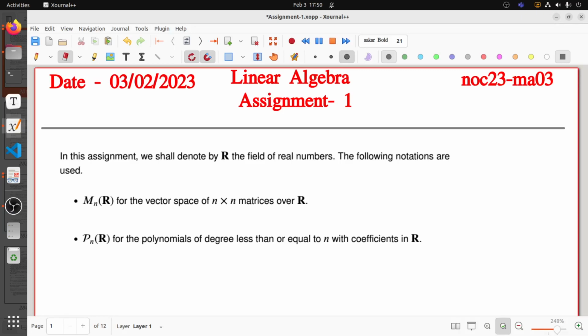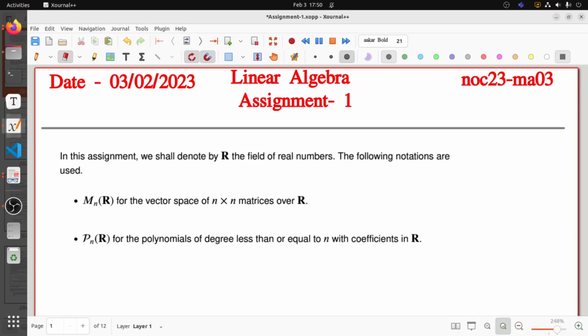So what do we have to check? For u in V, does there exist a v in V such that u plus v is the additive identity? It's 1, right? So u plus v is 1, right?